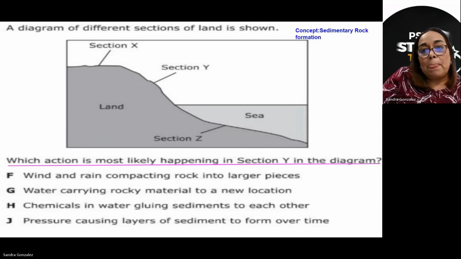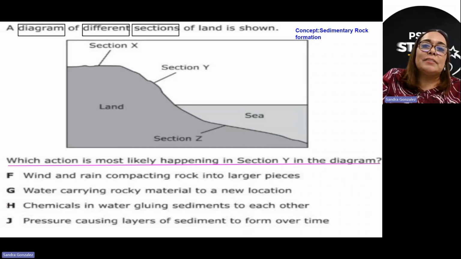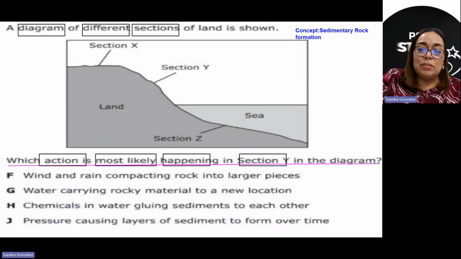Did y'all get that right? Anybody? Unmute yourselves, tell me yes, no. Yes. Okay, and then some of the keywords that you highlighted: diagram, different, section, action, most likely, happening. I saw some of that in your responses.